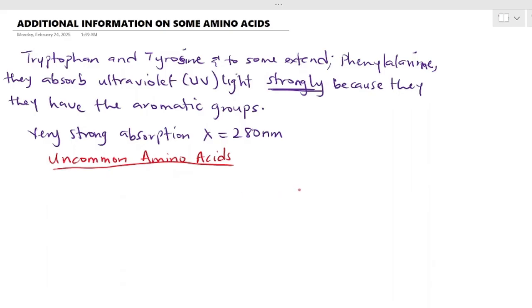So we have your C, which is your alpha carbon, bonded to your H and your amino group, NH3 plus, and this is bonded to your carboxyl group, O minus. That is bonded to CH2, CH2.